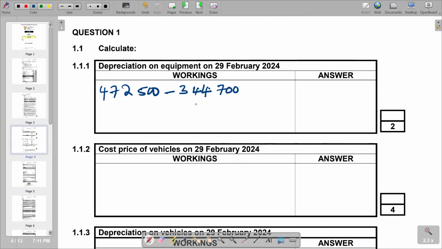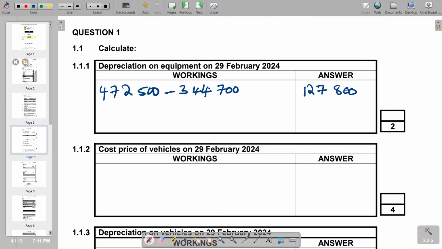With that, we get the depreciation for the year, which is 127,800. So that is the first part.